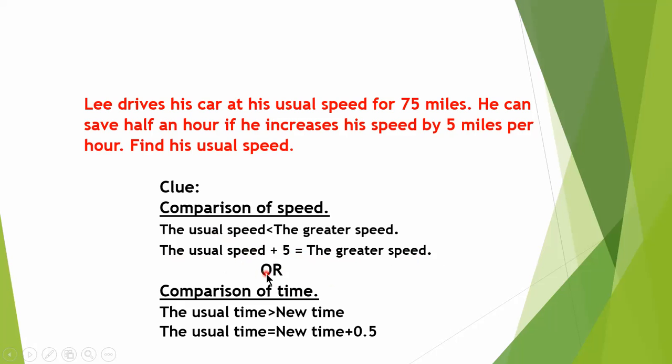Or else, alternatively, you can compare time. How? By increasing the speed, you drive at a higher speed so that you save time. It means your usual time is greater than the new time. So this comparison is also possible.